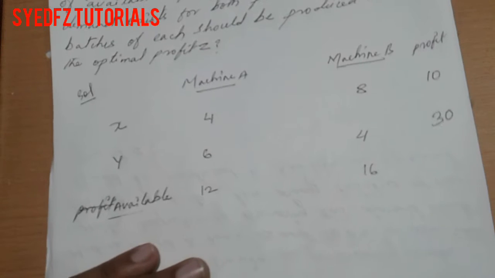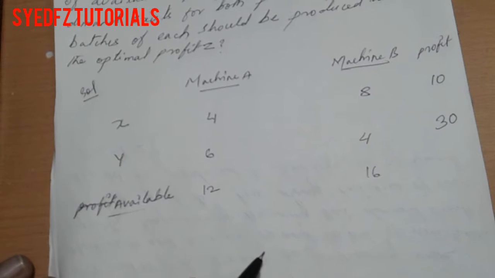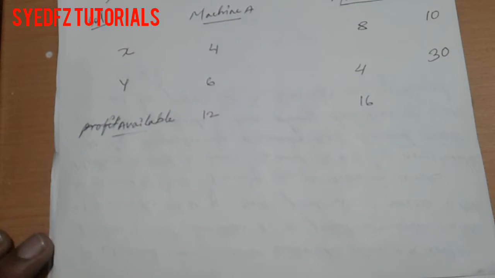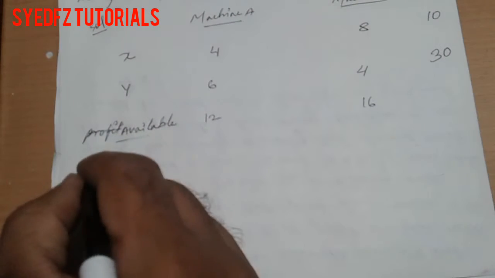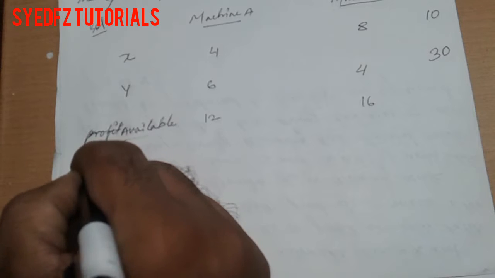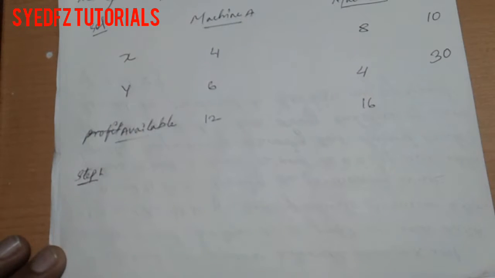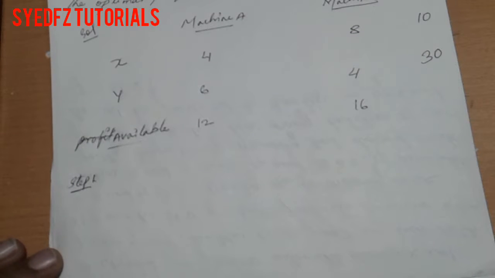First, for creation of the constraints and objective function, step 1 is making the equation.